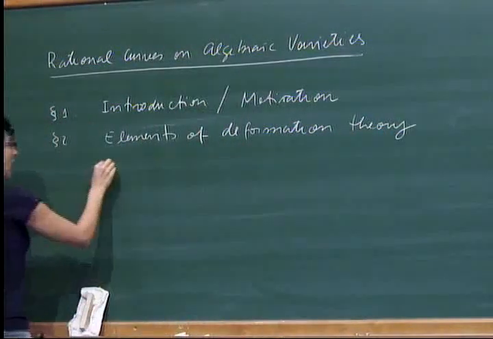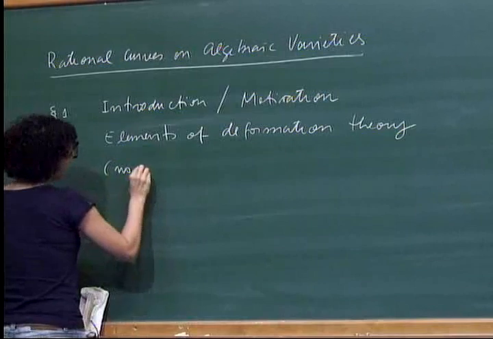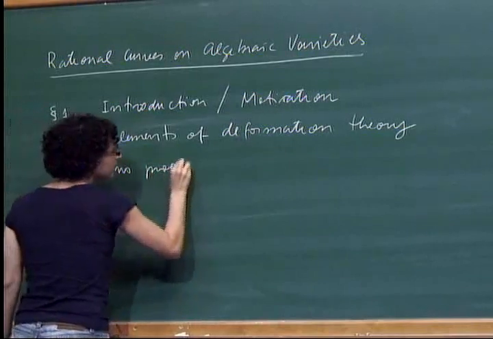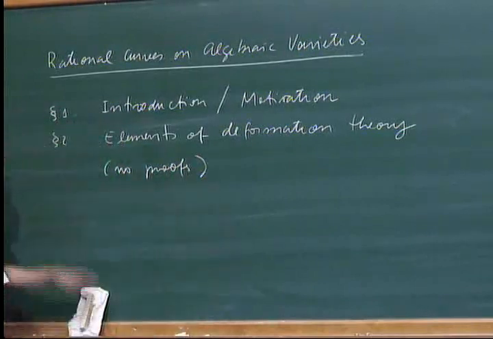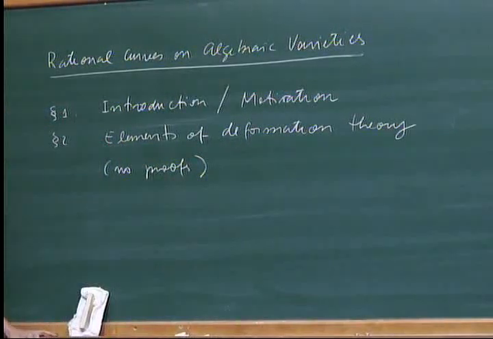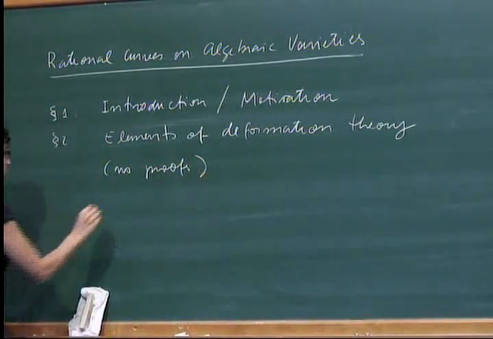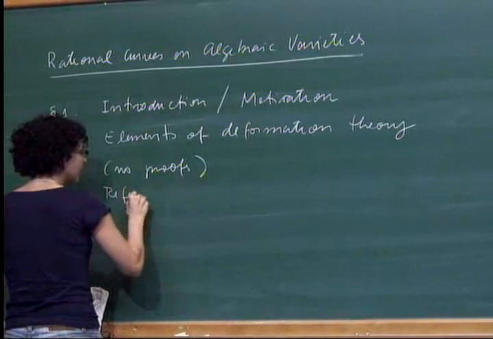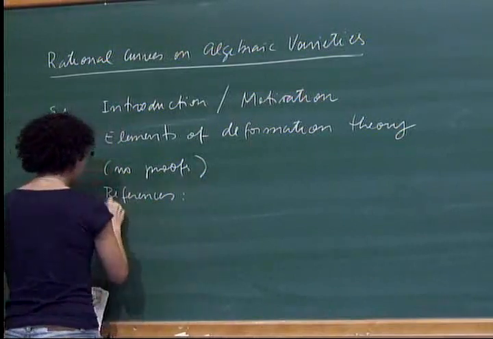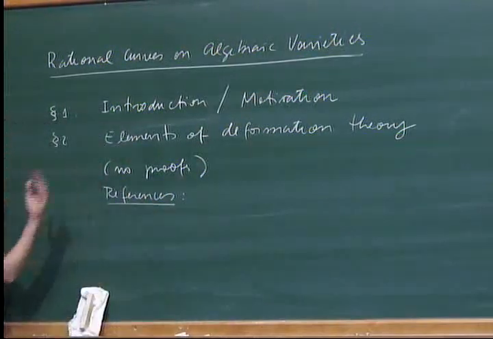In this part, I will do no proofs. I will just state the main ingredients that we need. So let me just give you some references if you are interested in studying this more deeply.